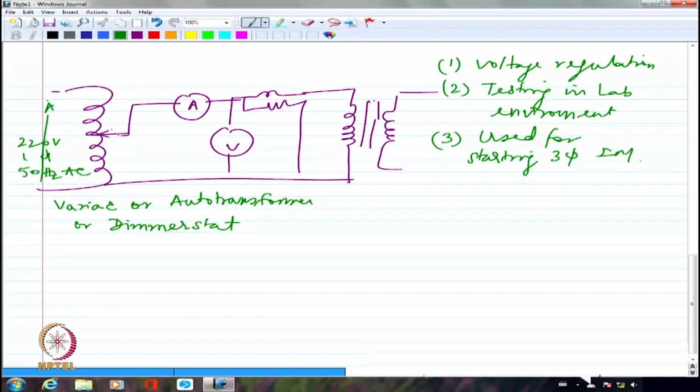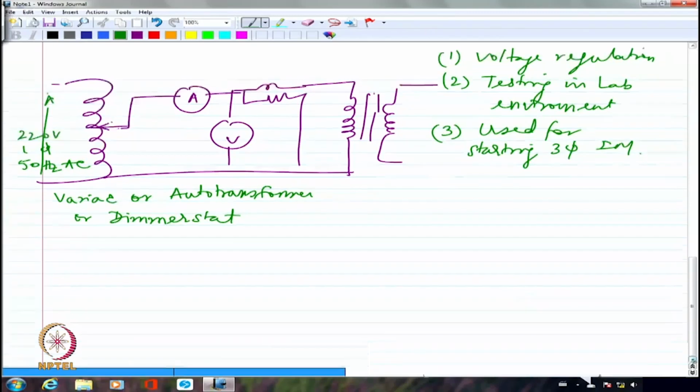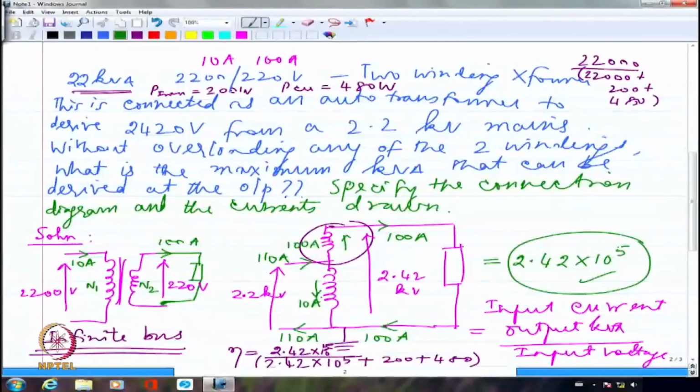You are asking how to find whether the 10 ampere is in this direction. The question was, how do you find the current direction? 10 ampere, how do you know whether it is going from up to down or down to up? Basically, we had calculated the kVA. Once you calculate the kVA at the output, you know the input current from the voltage that is given.